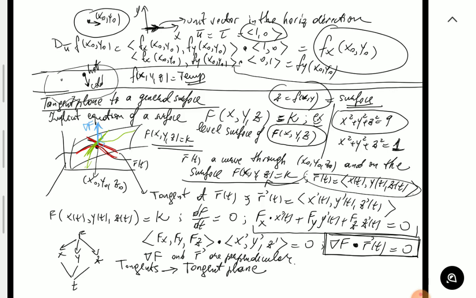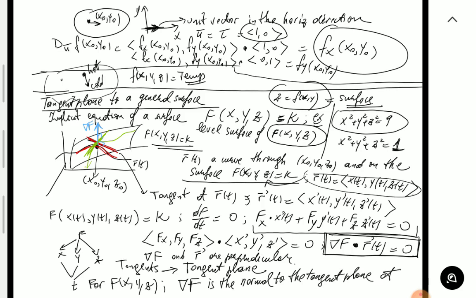For a function of three variables, so for f of x, y, z, the gradient of this big F happens to be the normal to the tangent plane at the point x naught, y naught, z naught for any level surface f of x, y, z equals k.